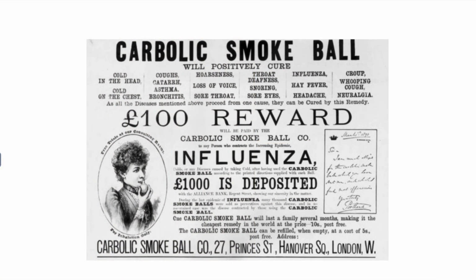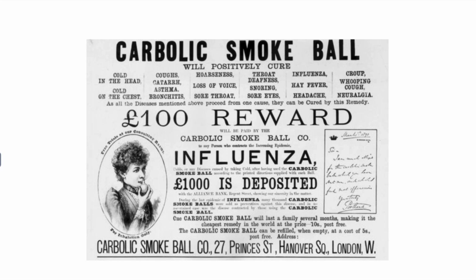So let's take a look at an example of an important judicial precedent. The case is called Carlill versus Carbolic Smoke Ball Company from 1893.